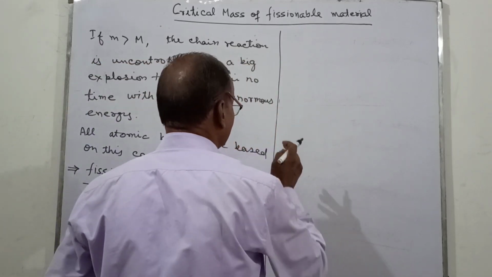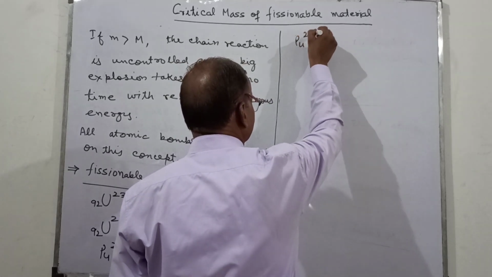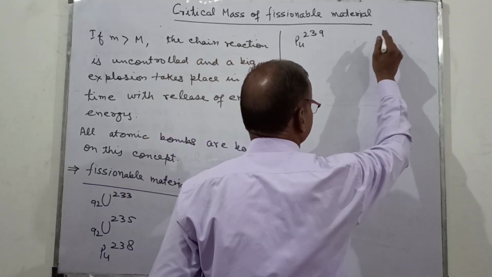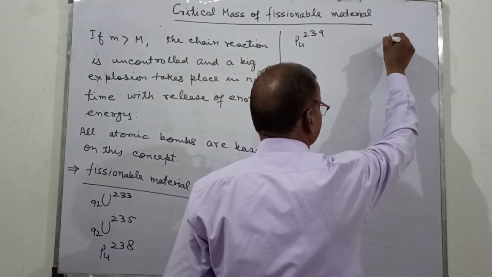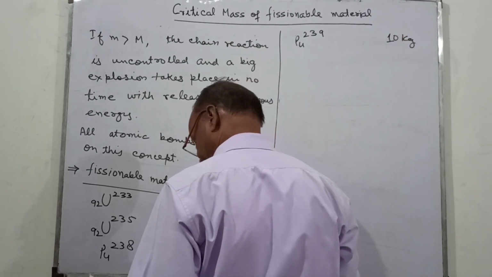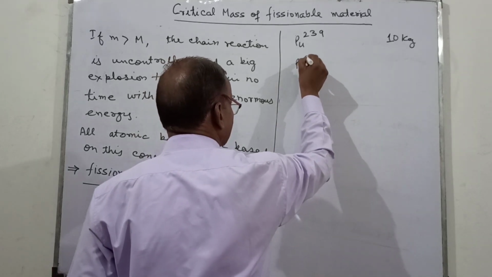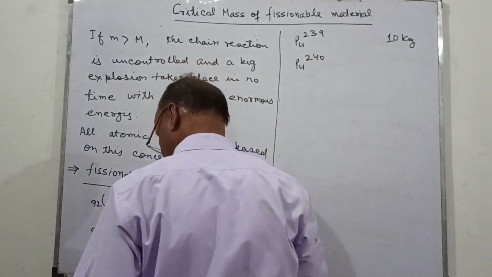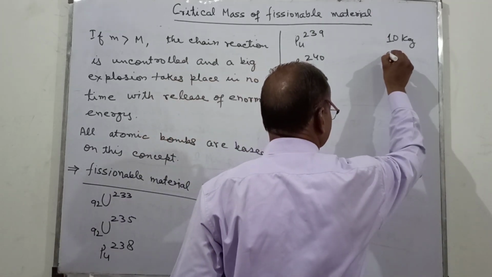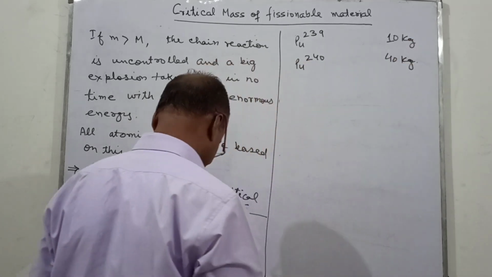Then plutonium-239. It has the critical mass 10 kg. And plutonium-240 has the critical mass 40 kg.